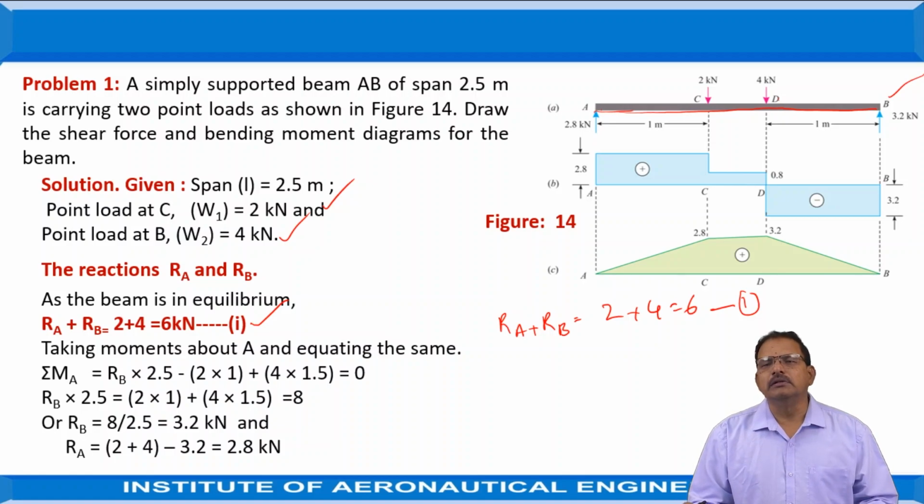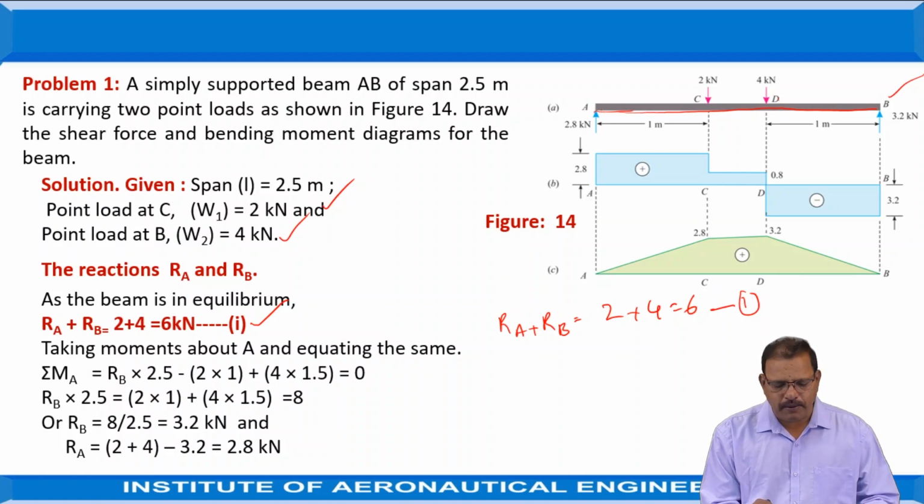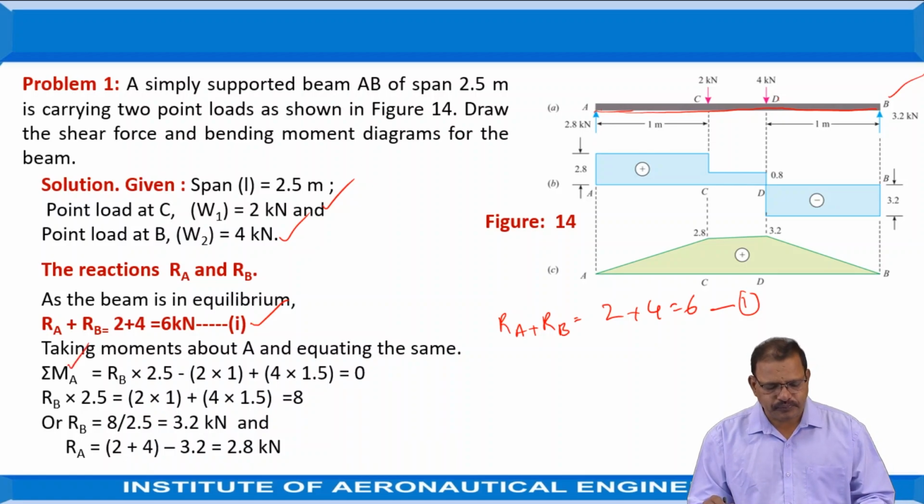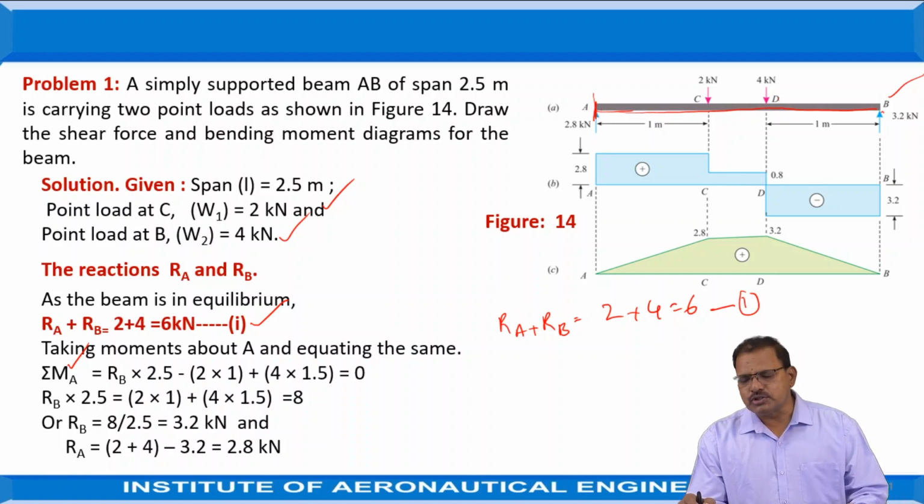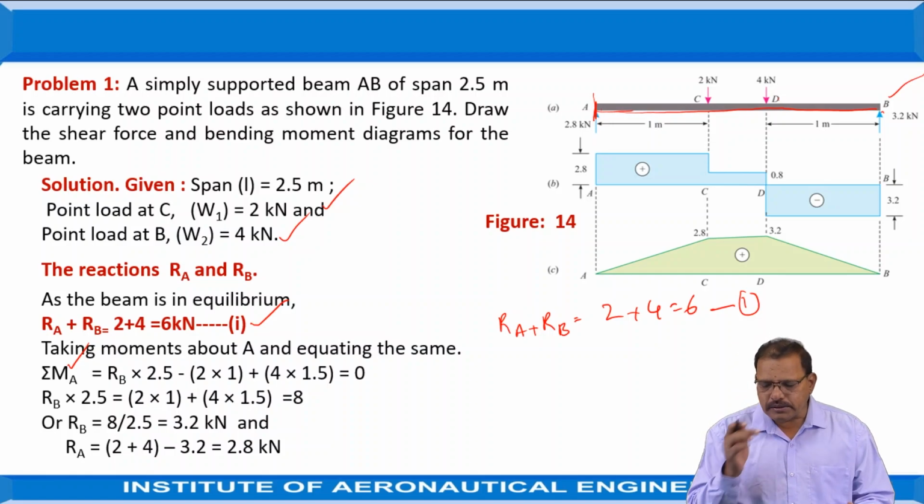The second one is the moments created by the forces at any point. Here I am taking the moments at point A, which is represented as sigma MA. It is equal to RB into, when I am taking this point, this RB tends to rotate the body in the anti-clockwise direction.